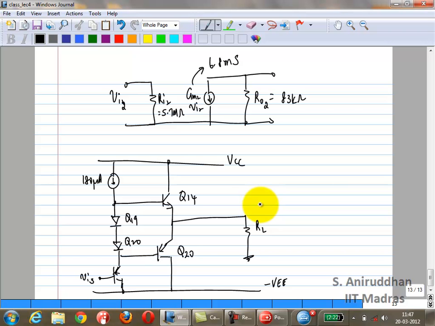So we'll make certain assumptions. Let's say 2 milliamps. But just remember that for the last stage alone, it will depend on the load, right? And details. We'll assume RL is 2 kilo ohms.